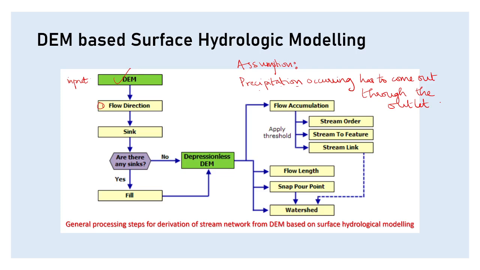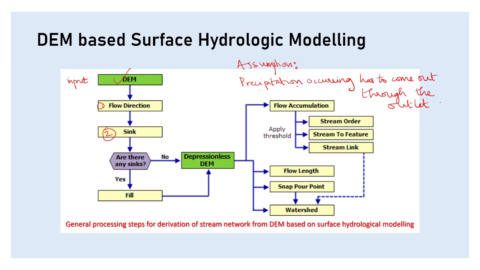So the sinks can be sort of an error within the digital elevation model. In order to determine that, we also need to see what the sinks are. Then if there are sinks, we have to fill them. If there are no sinks, then we have a depressionless DEM because all the depressions will be removed.